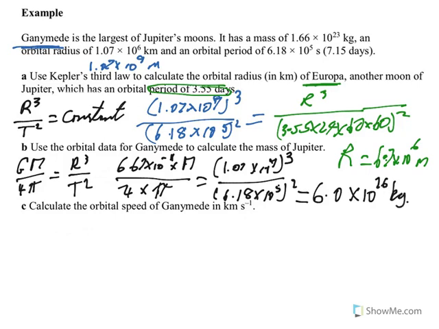Now, while I was just doing that calculation, I noticed that I'd entered some data in the previous one incorrectly, and so I'm actually in part A a few powers of 10 out there.